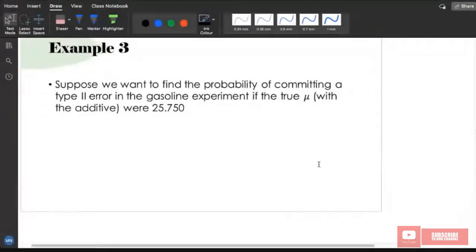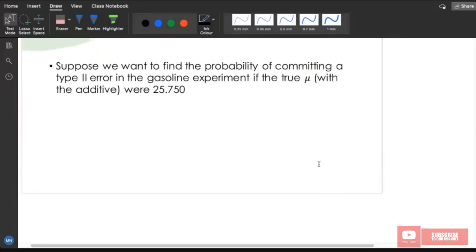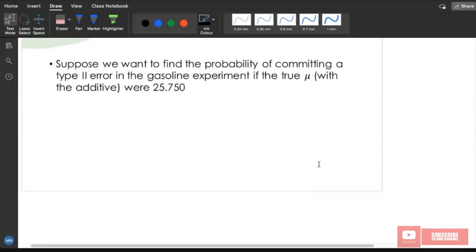Right. Now, example number 3. Suppose we want to find the probability of committing a type 2 error in a gasoline experiment if the true mu with the additive were 25.750. So this one, the question is not complete, right?